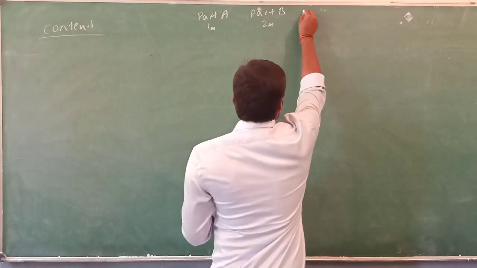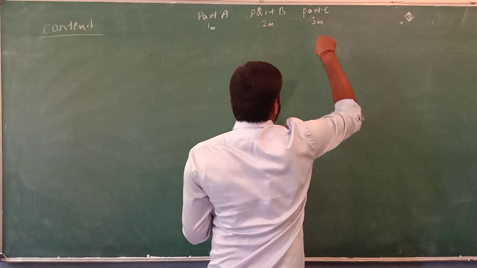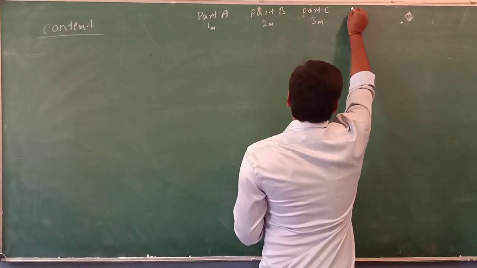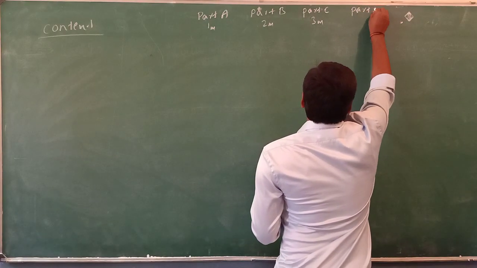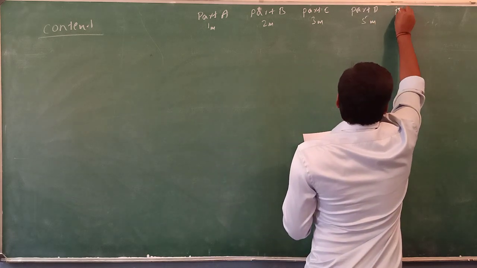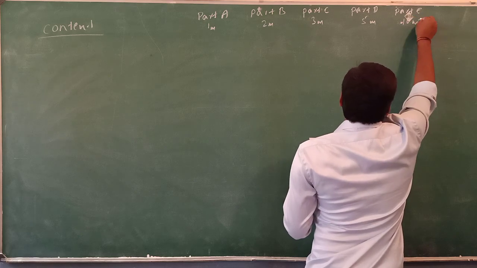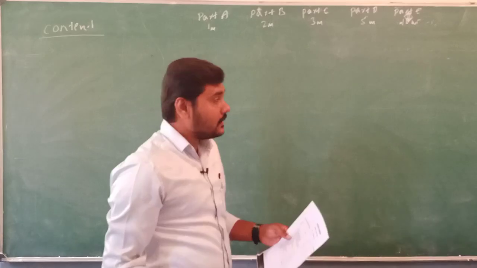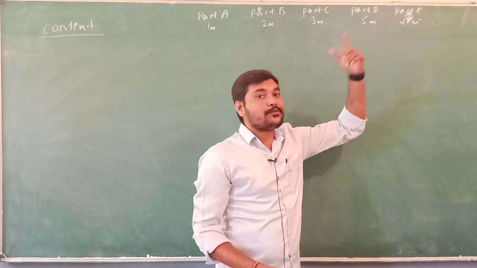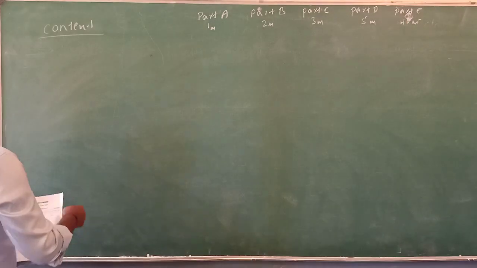Part C is for 3 marks, and part D is for 5 marks questions. Part E is for 10 marks. This 10 marks is divided into 2 parts, that is a 6 marks question as well as a 4 marks question. Clear? So we have the chapters here.